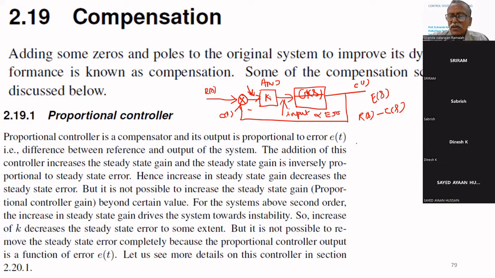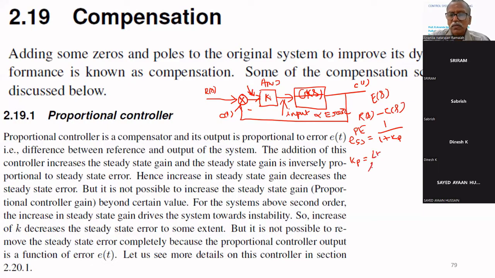What is the steady state error for a type 0 system? E steady state equals 1 upon 1 plus Kp, where Kp is the position error constant. The steady state error for step input, that is position error, is 1 by 1 plus Kp.